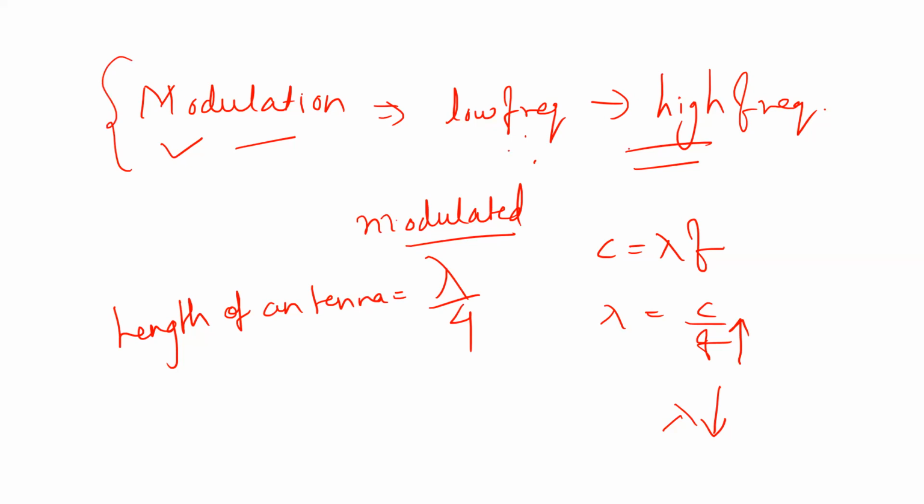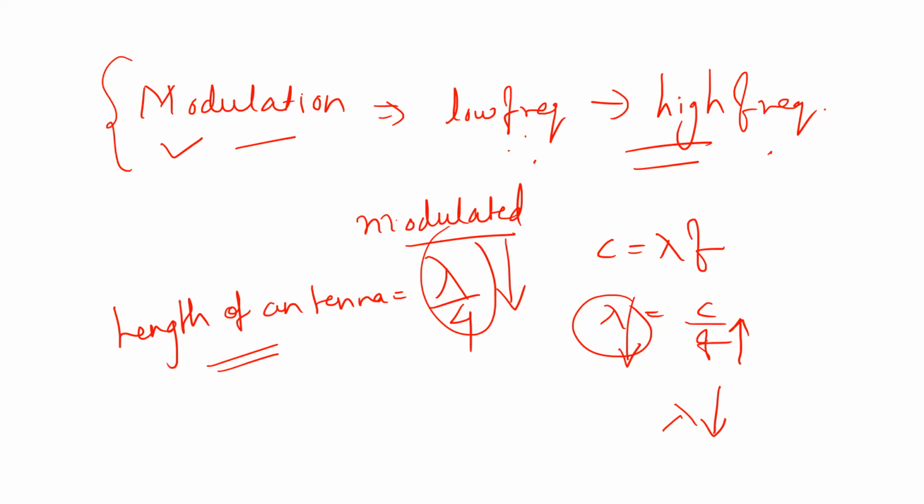Modulation converts lower frequency to higher frequency, because of which my wavelength reduces and my lambda by 4 reduces. Hence, it doesn't cost me more to make an antenna. The length reduces. This is one of the most important advantages of modulation. Any doubt till here?